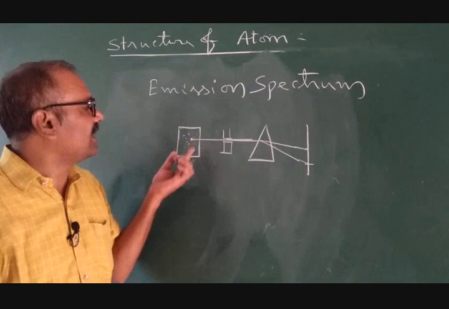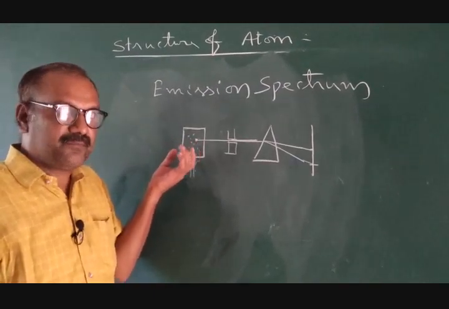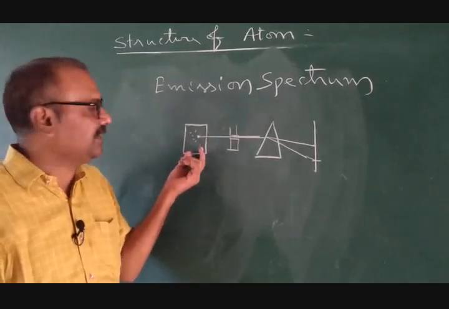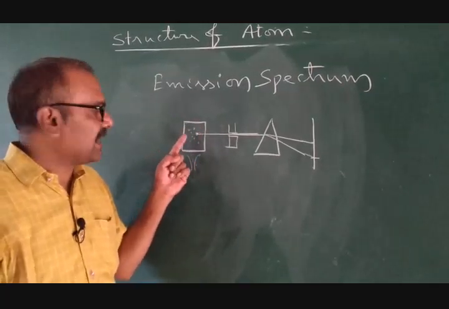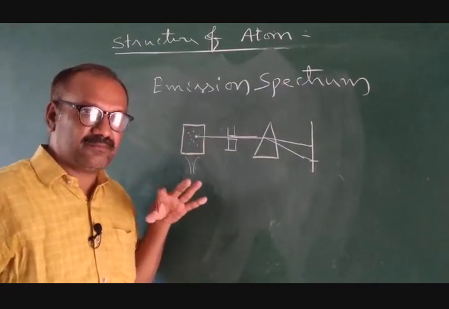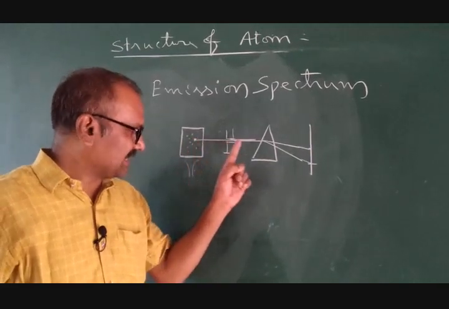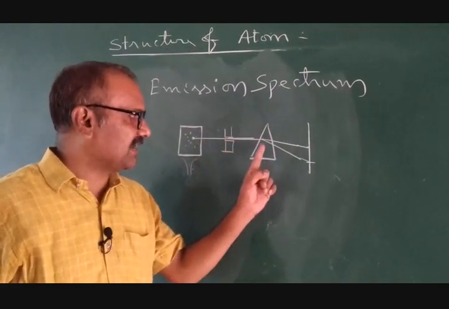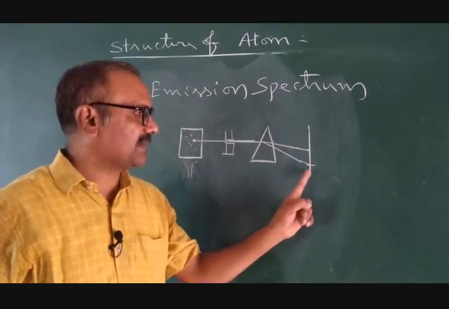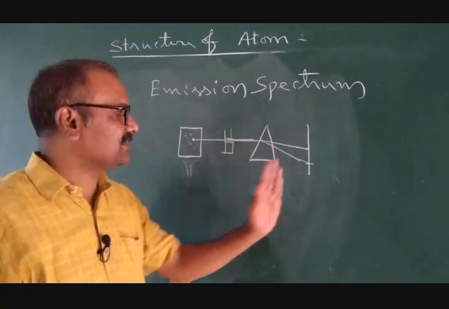That means these atoms or molecules or substances absorb energy from the source of heat or electrical energy, and when they lose that energy again in the form of light, that light passed through the prism gives some pattern of lines on the spectrum. This is known as emission spectrum.